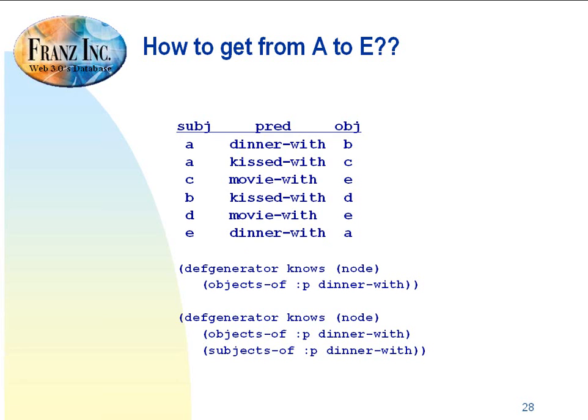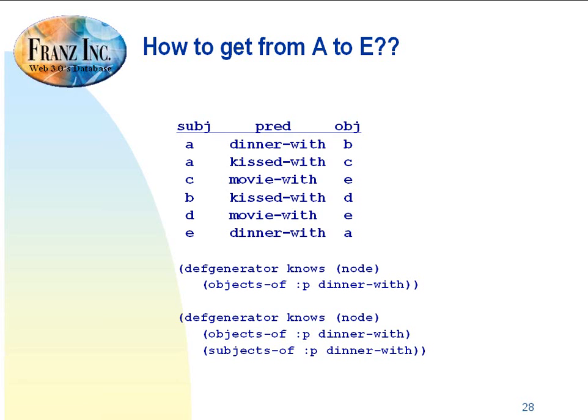So if we want to write a generator, and say we write a generator called knows, then what I would say is, okay, whenever I have a node, take all the objects of the triples where the node is a subject.